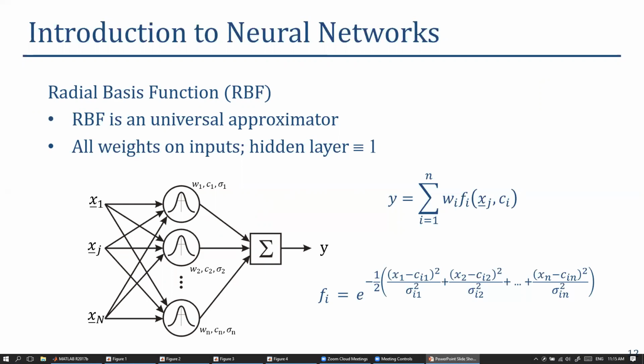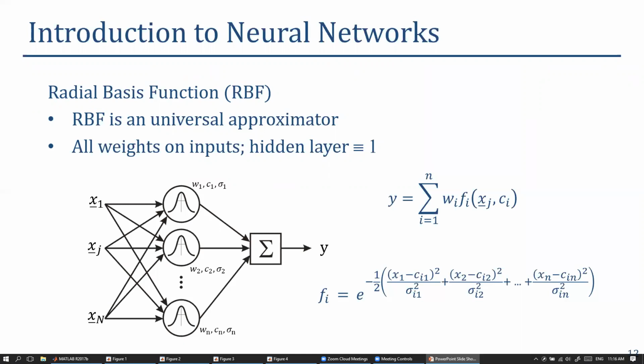So I will now spend some time explaining the radial basis neural network, some properties and some things about this particular type. The radial basis function neural network is also a universal approximator. That means with enough neurons and enough parameters and enough connections, we can approximate any function we want, right? I mean, seriously, any.